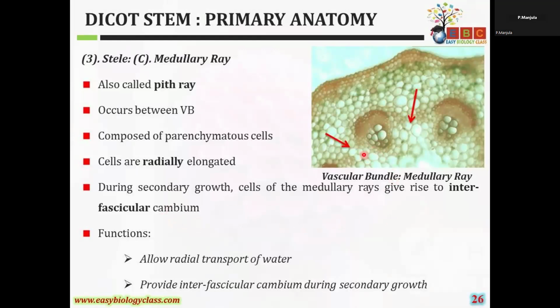Their main function is radial transport of water. During the secondary growth, the vascular and intervascular cambium form a ring-like structure, which produces the secondary xylem towards the inner side and the secondary phloem towards the outer side.